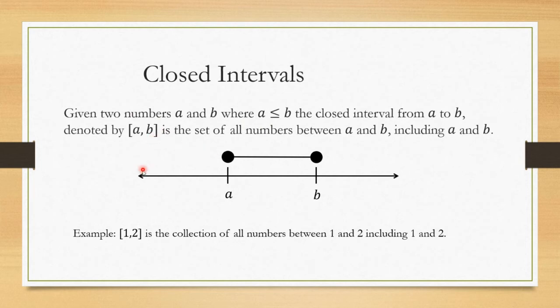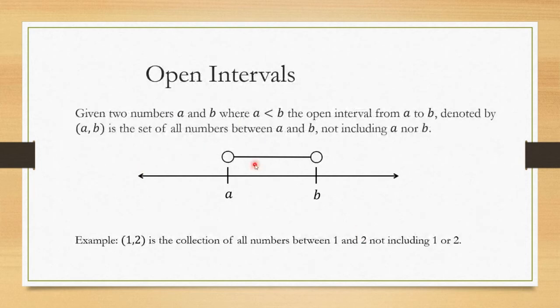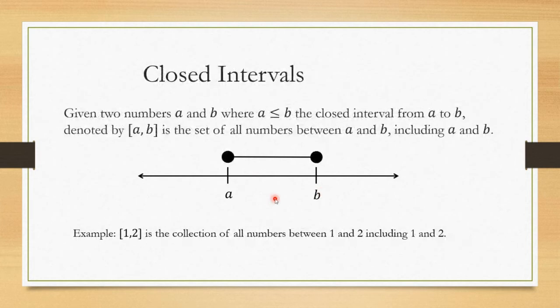Visually, we can graph this set. Just like over here, we graphed the open interval, these open circles tell us that we don't include A and B. Here, however, we do include them. And how do we indicate that? We have these closed circles.